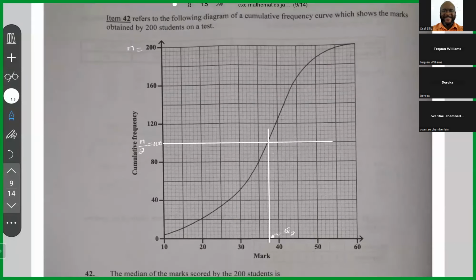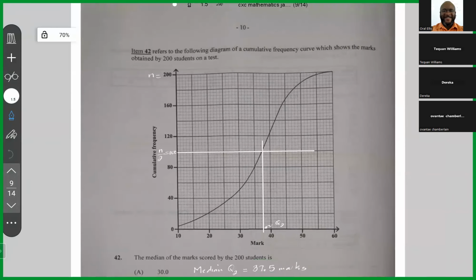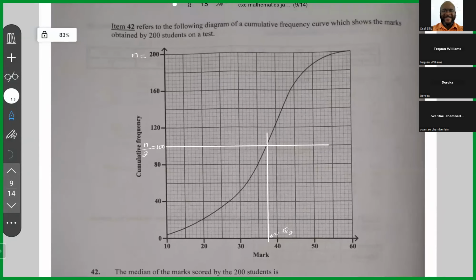All right, by now we're asked for the median. Item 42 refers to the following diagram of a cumulative frequency curve, which shows the marks obtained by 200 students on a test. Now, the median is the score of the student in the middle, or student number n divided by 2.